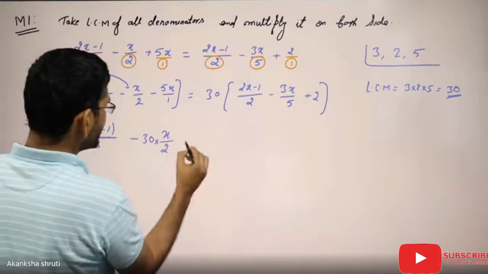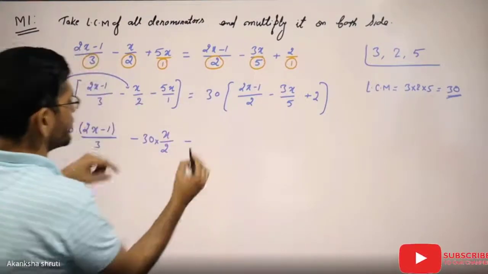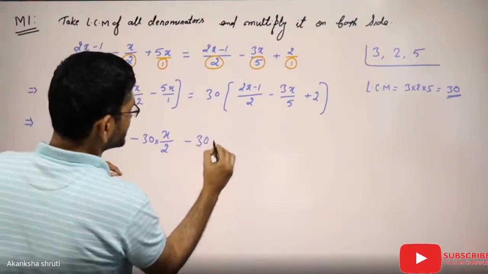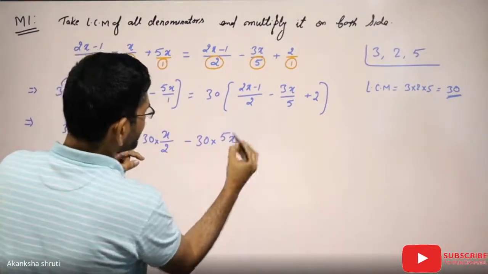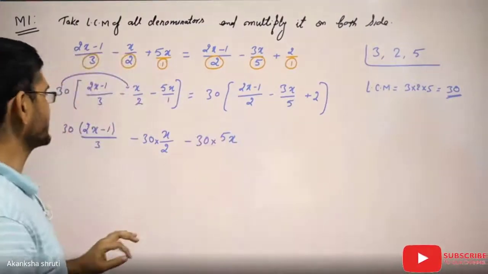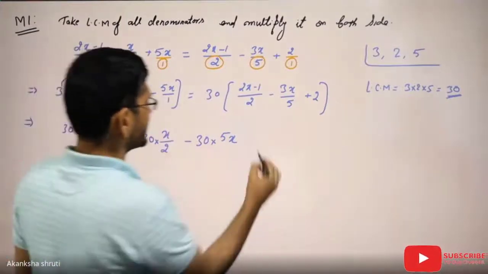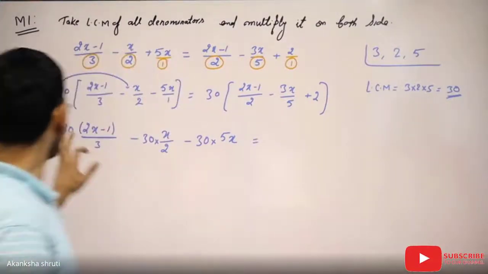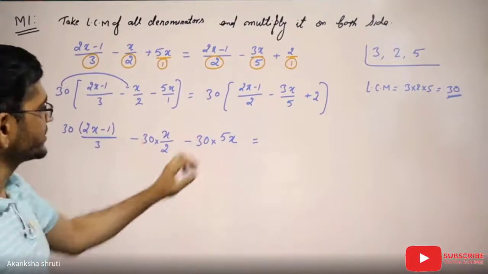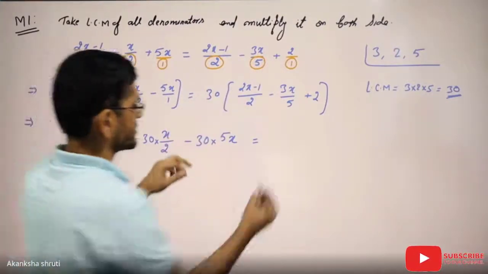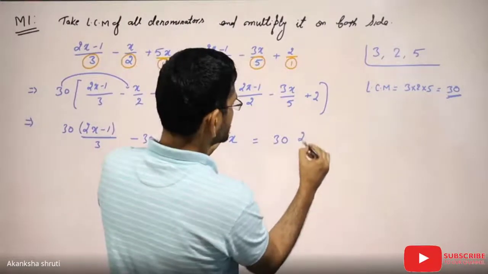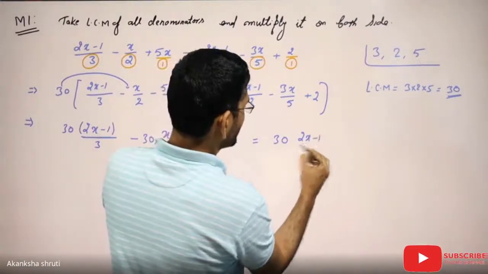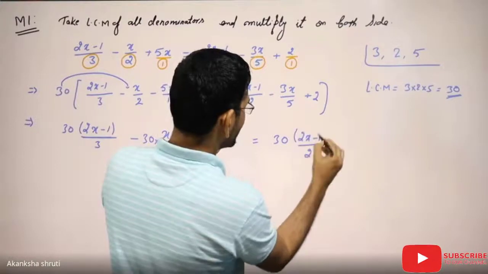Now this minus of this 30 also needs to be multiplied with this 5x. 5x by 1 or only 5x mean the same thing. Coming to the RHS, we observe this 30 is multiplied to each of these terms. On this RHS, this 30 needs to be multiplied with 2x minus 1 by 2, so it is better to put it in a bracket.